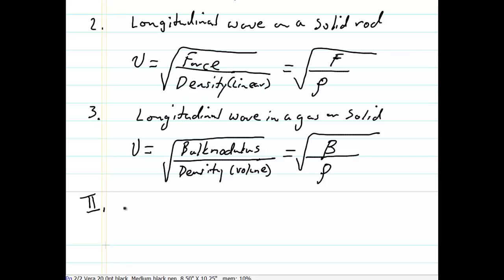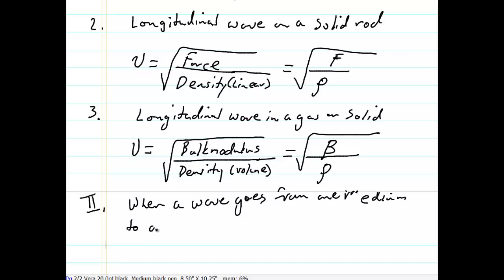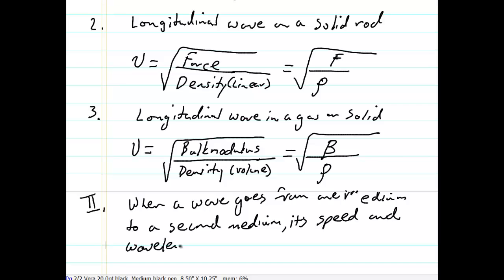And the second fact is that when a wave goes from one medium to a second medium, its speed and wavelength change, but not its frequency.